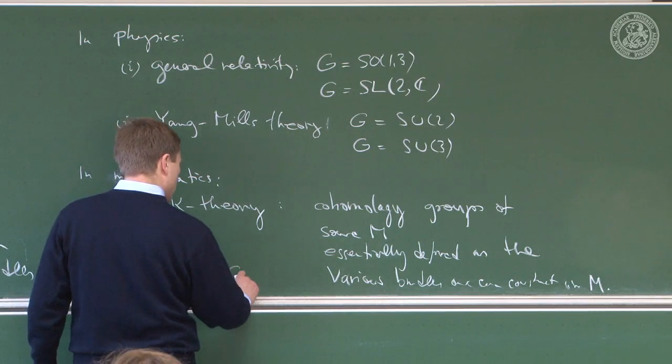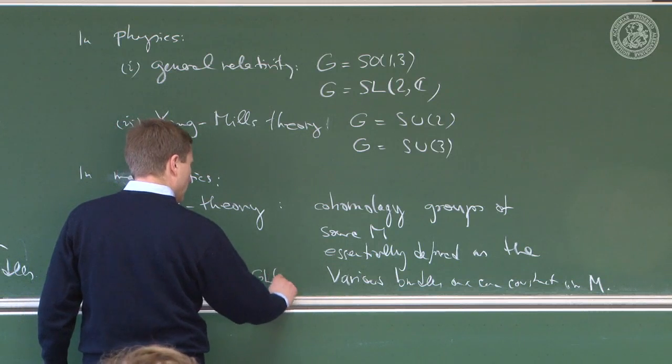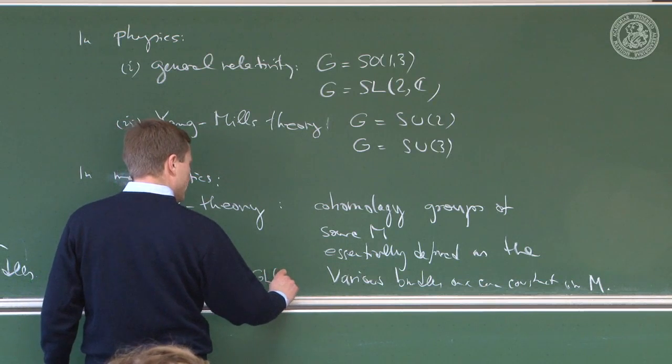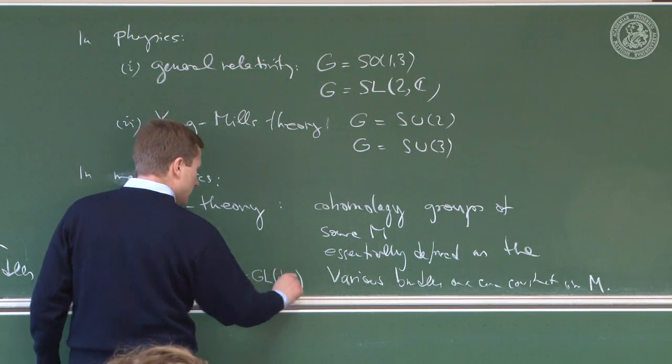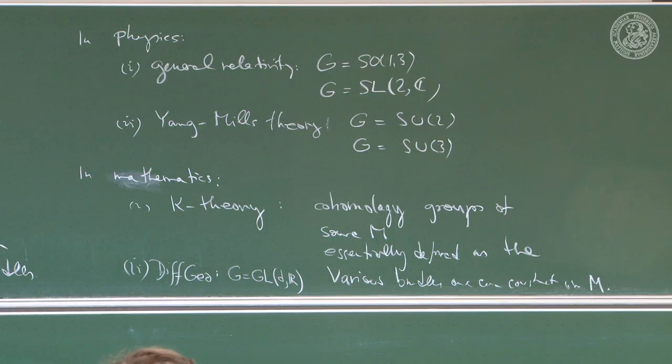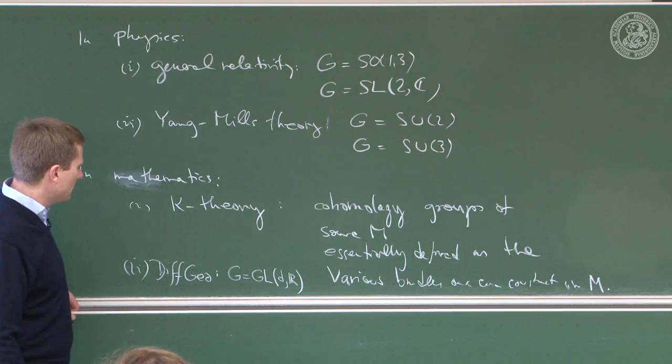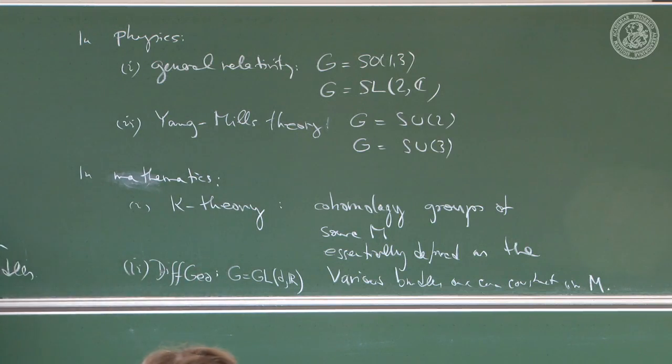Indeed, you look at a principal bundle whose fibers are the general linear group of the appropriate dimension, the so-called frame bundle, and then you can very easily define the corresponding associated bundle on which GL(d,R) acts on the fibers, which are in principle tensor fibers, but GL(d,R) acts with an additional determinant factor, and that's then the densities.